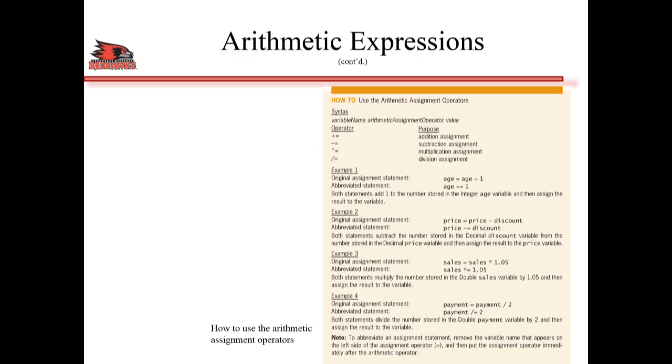And similarly, the same goes for subtraction, multiplication, and division. And these are the examples showing it. So I mean, sales equals sales times 1.05, you can write that as sales star equals 1.05, and it does the same thing. And same goes for subtraction and division.